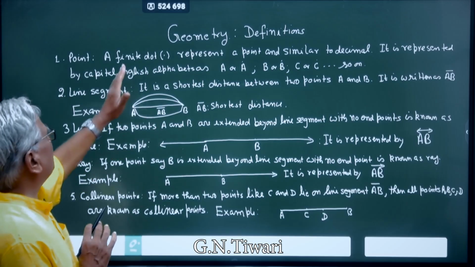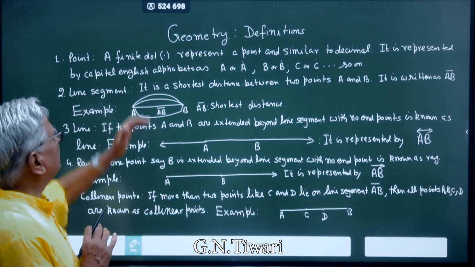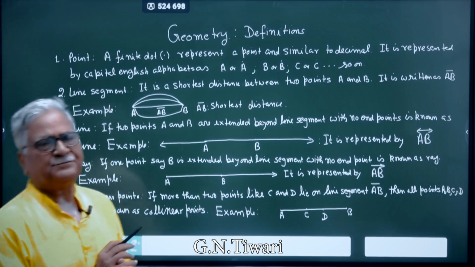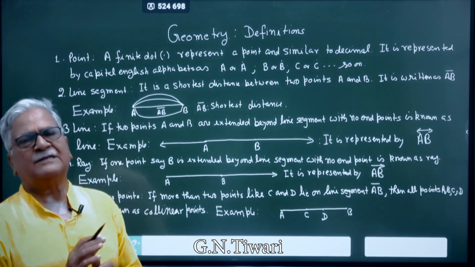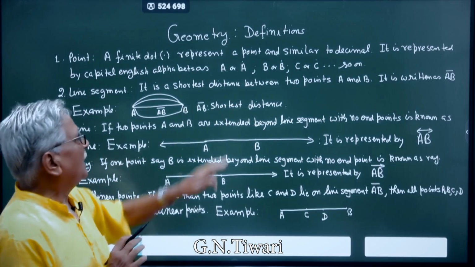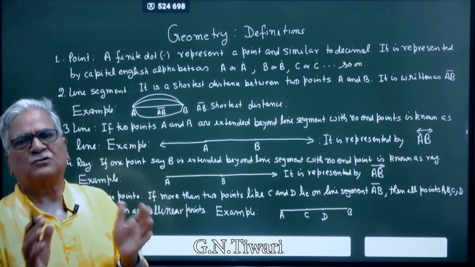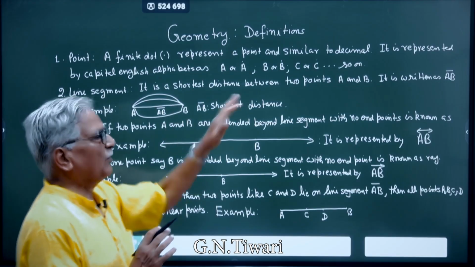Point means dot, finite dot. And this dot is represented by capital English alphabets like capital A, B, C. Or you can put a dot on capital letters, so it means the same thing. So that is the point.